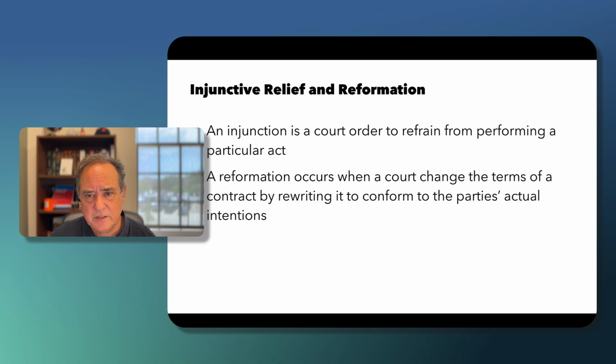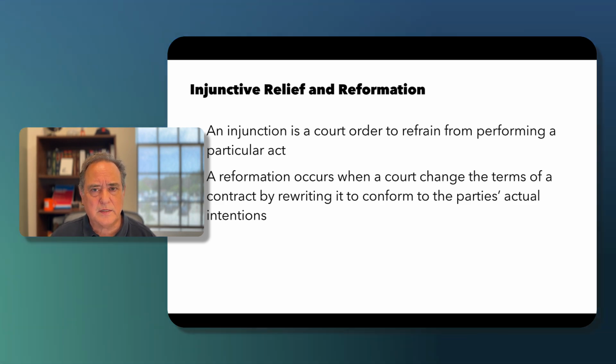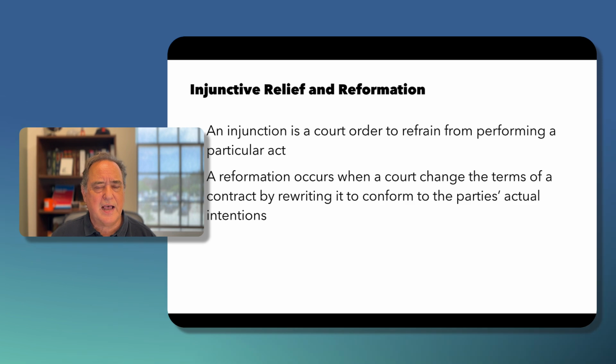Finally, reformation. Reformation occurs when a court changes the terms of a contract by rewriting it to conform to the party's actual intentions. So reformation, which is sometimes referred to as equitable reformation, puts the court in the position of drafting the agreement that the parties probably should have agreed to early on.